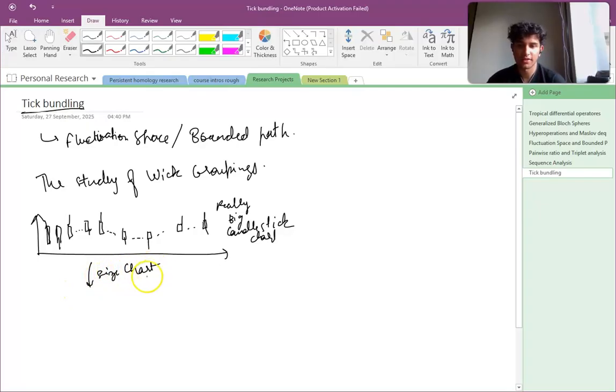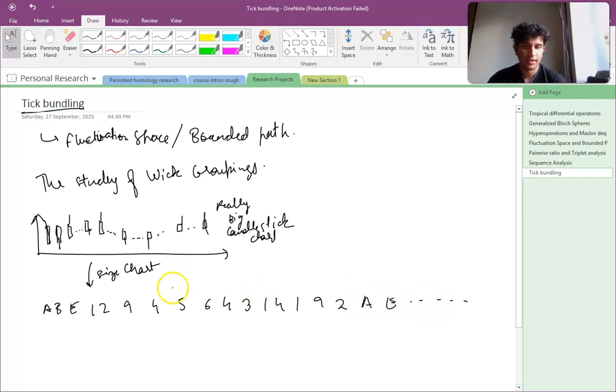Size chart, and you got some sequence A, 5, 6, 4, 3, 1, 4, 1, 9, something like that, right?